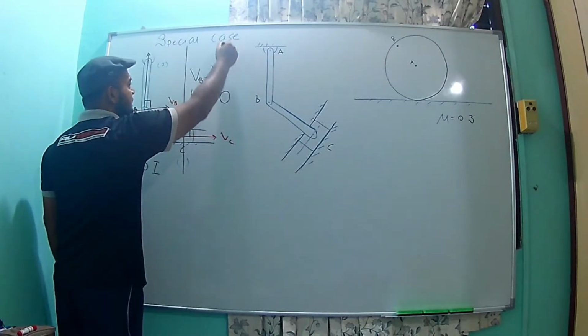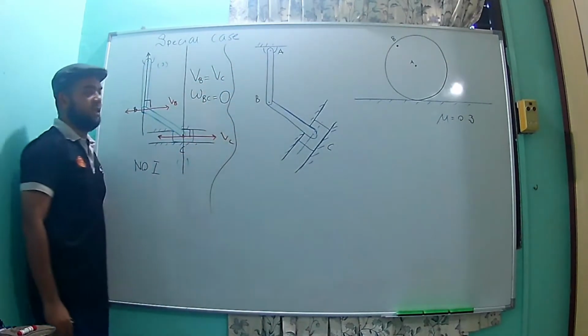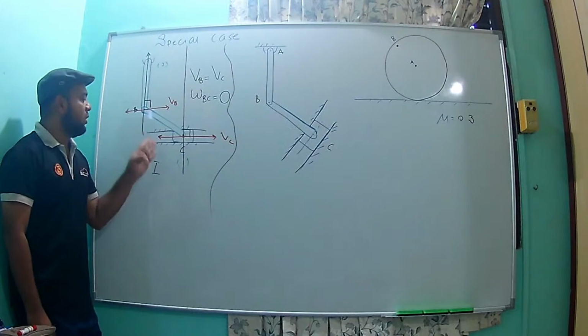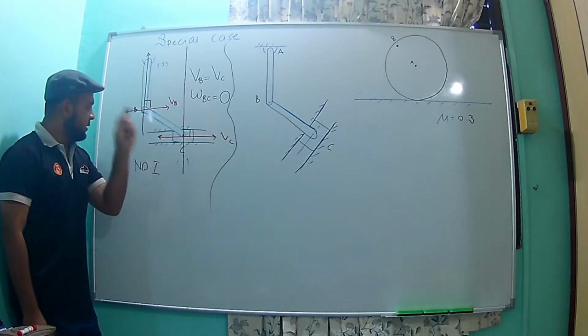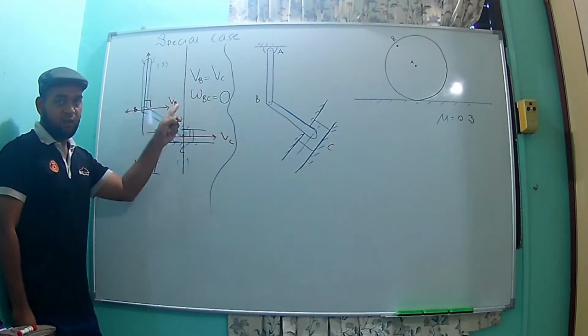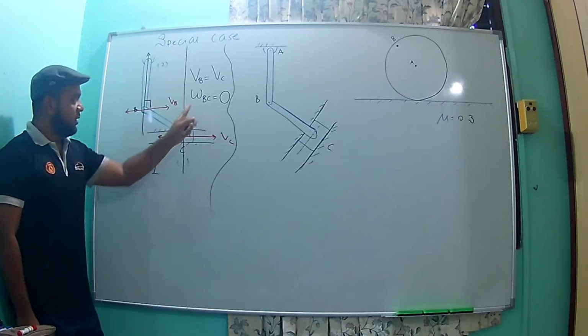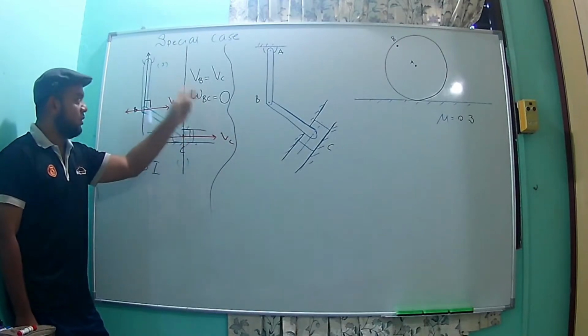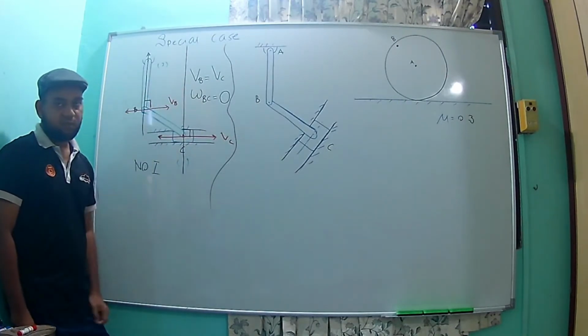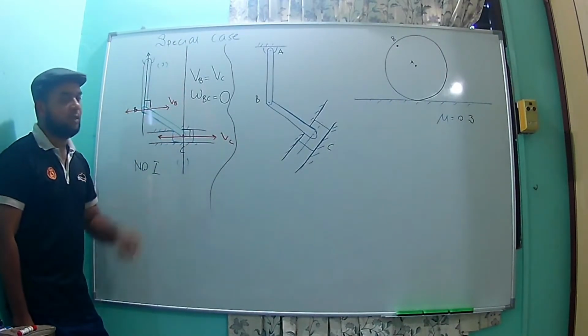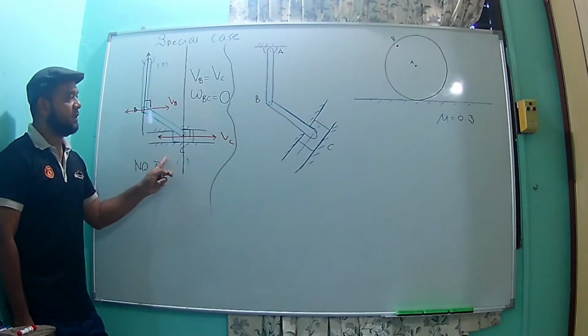So this is the first special case. If you draw the lines and there is no crossing between them, there is no I, the omega of that component is 0, and the velocity at one point is the same as at the other point.